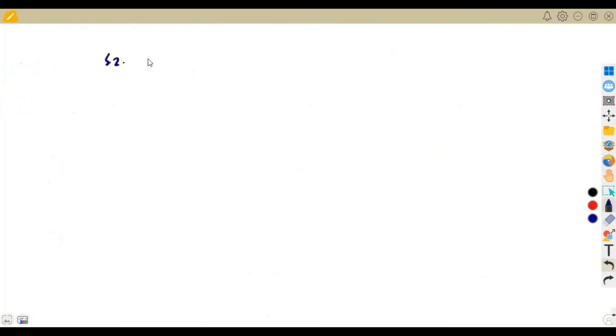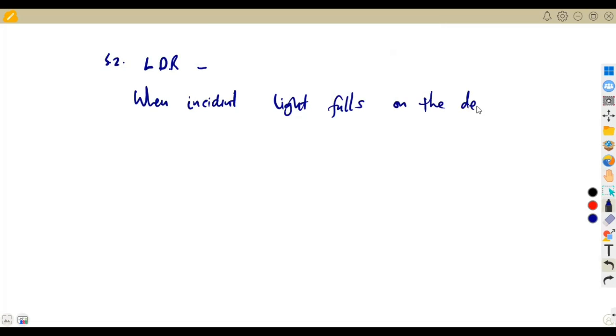The LDR in this case definitely operates with light. Under this LDR, we are saying when incident light falls on the device, its characteristic, which is the resistance, decreases.